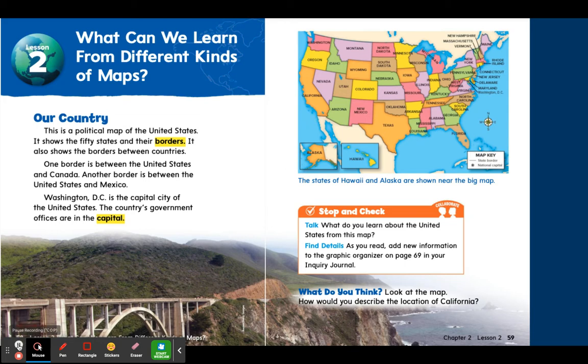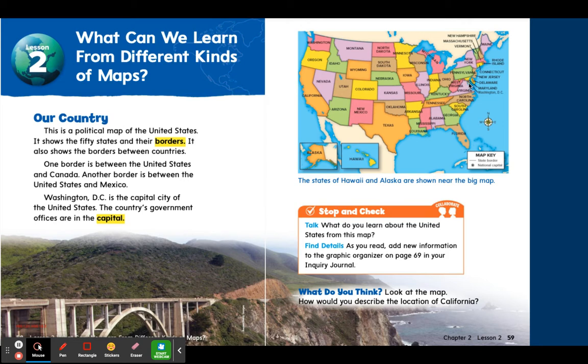Okay. Now, when they're talking about Washington, D.C., if you guys look at the map right here, we see that little star. That is the capital of the United States. So this is where they're talking about Washington, D.C. You see the star right there. That is where all the offices from the United States are held.